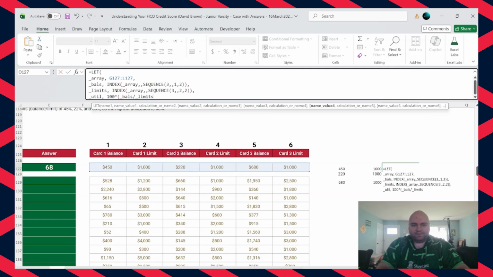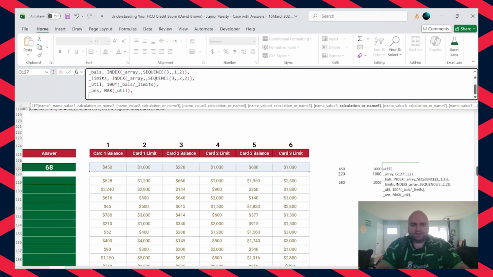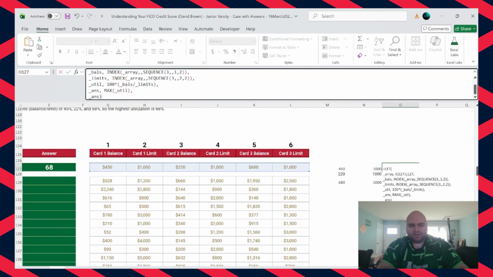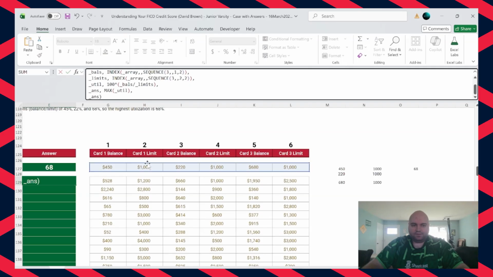The balance divided by the limits. And our answer itself is actually going to be the maximum of utils. And we want it to return an answer. And just like that, we have what we're looking for.